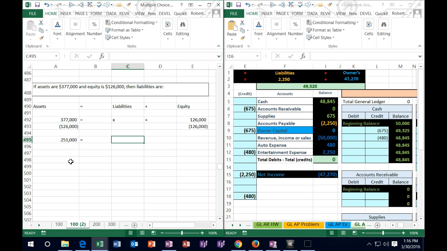gives us the 251. That, of course, equals, I'm going to keep the x plus, this is going to be subtraction, 126 minus 126. I'm going to say equals this cell, 126 plus the negative. It's a subtraction problem, but I'm saying plus the negative equals the 0. So obviously we can get rid of that because x plus 0 is just x.